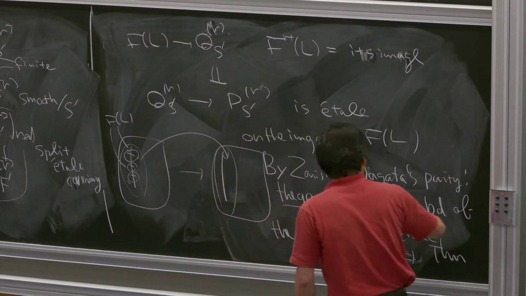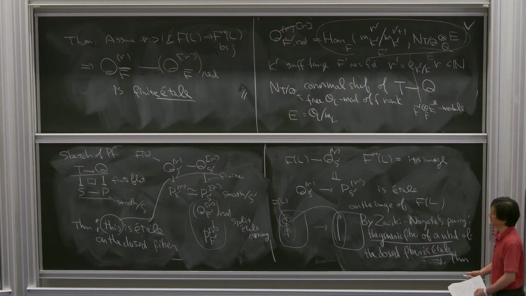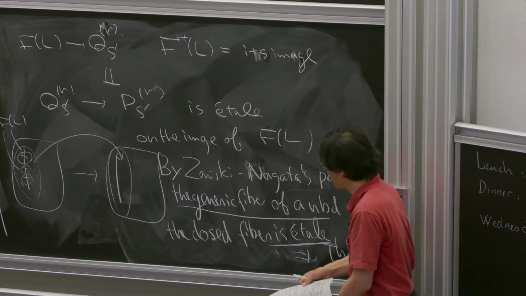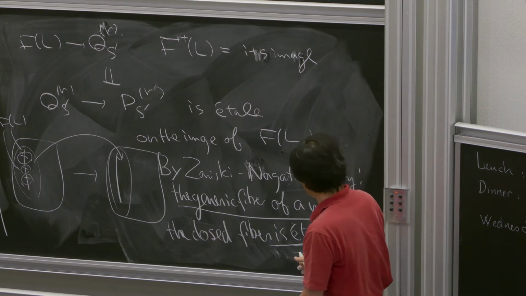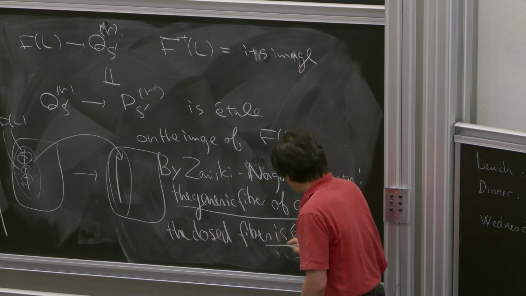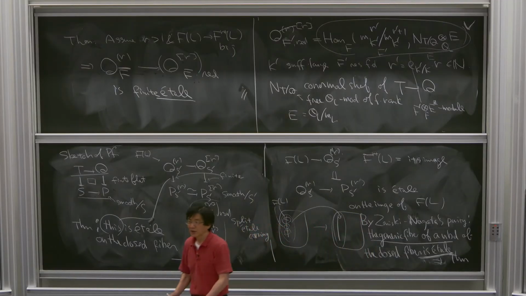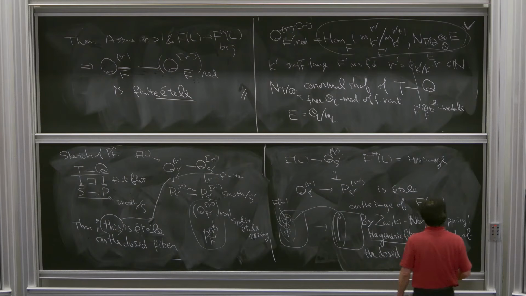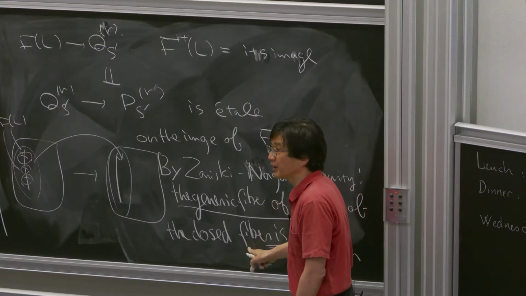And so this etaleness is the point of the proof, but this is rather delicate, so I can't prove that now. I can tell you the idea of the proof, and the point is this etaleness, the JX fiber of a neighborhood of the closed fiber.